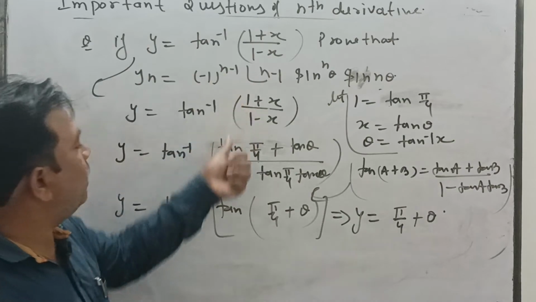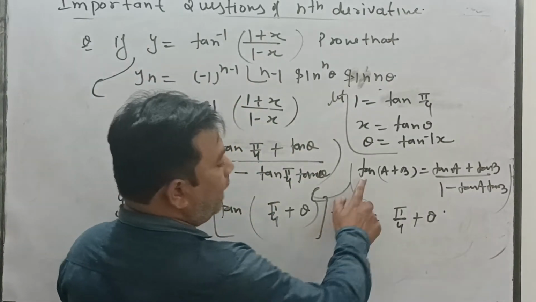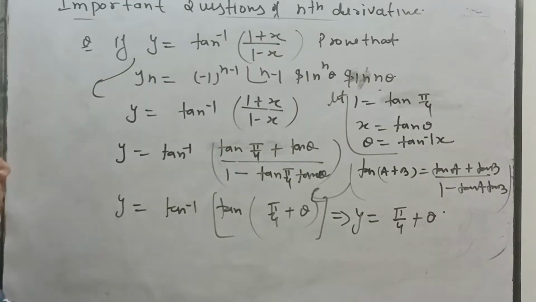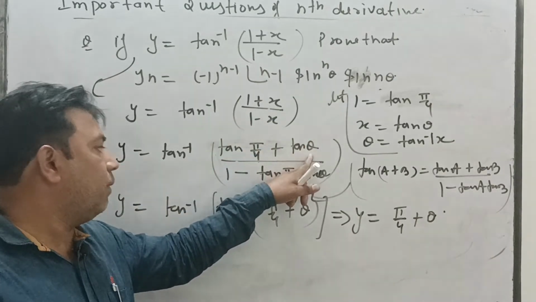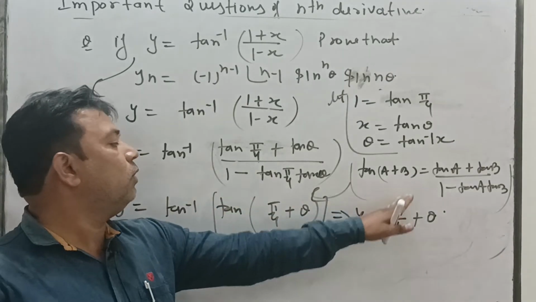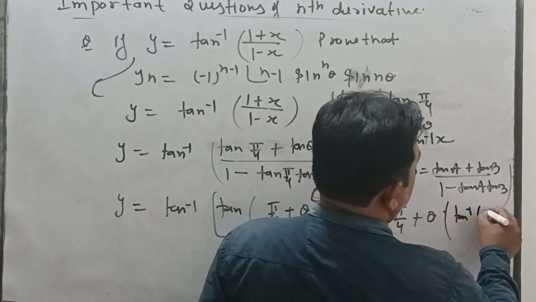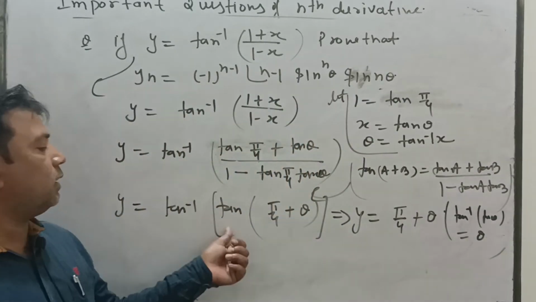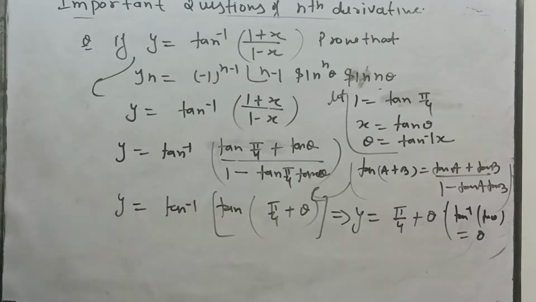Using tan(a plus b) equals (tan a plus tan b) upon (1 minus tan a tan b), with a as pi by 4 and b as theta, tan inverse of tan of theta equals theta. So y equals pi by 4 plus theta. Understand all of you? Please make a note.